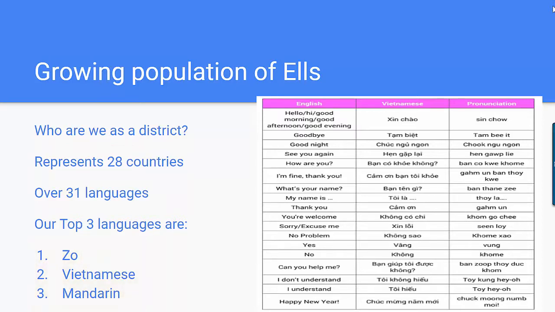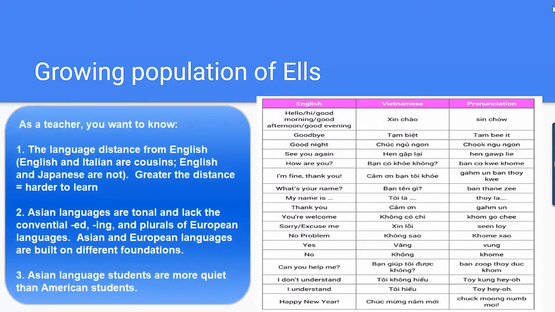The importance of understanding the different types of languages that are spoken in our district is important to you as a classroom teacher, because you want to know about language distance between English and their first spoken language. Asian languages are the furthest from the English language, meaning that the Asian languages are tonal.